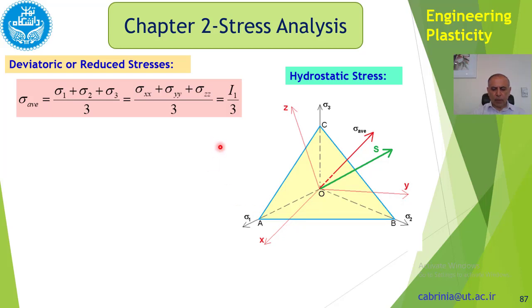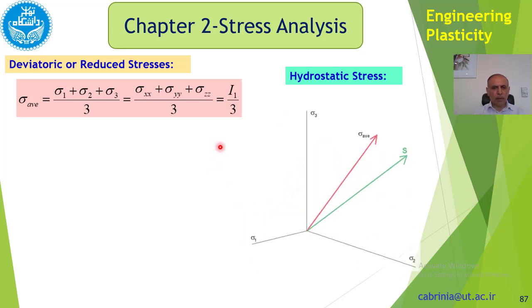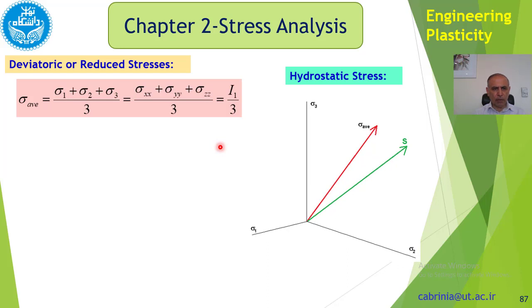Okay, then let's see what the deviatoric or reduced stresses are. Now, here again I have eliminated the plane. I have only two vectors here. One is S, a general vector, and sigma average is the hydrostatic stress. Now we know that for any vector like S, we could have components.